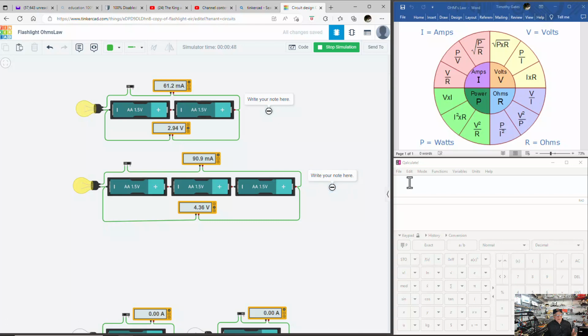So if I go over here in my equation, and remember we're going to do R equals ohms equals voltage divided by current. So we're going to take the voltage, which is 2.94, and then we put in the symbol for division, which is a forward slash, and we're going to divide that by 61.2 milliamps.